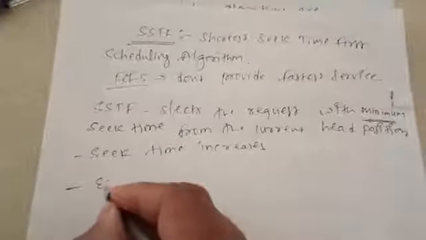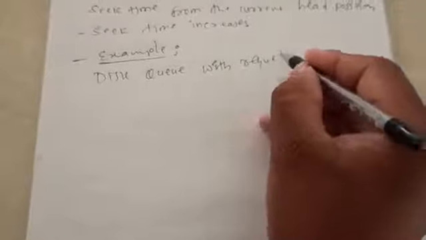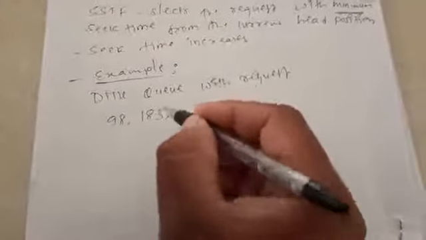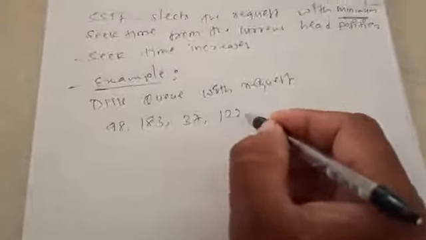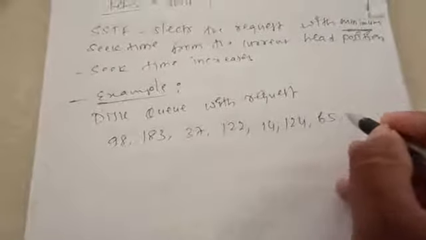So now we are going to solve an example, taking the same example here. Consider the example disk queue with requests for blocks from cylinders 98, 183, 37, 122, 14, 124, 65 and 67.